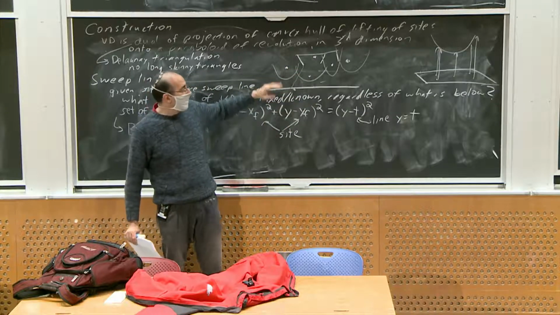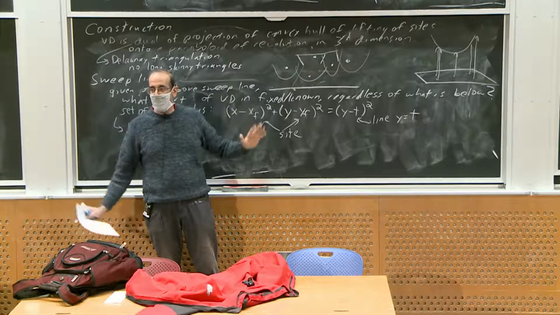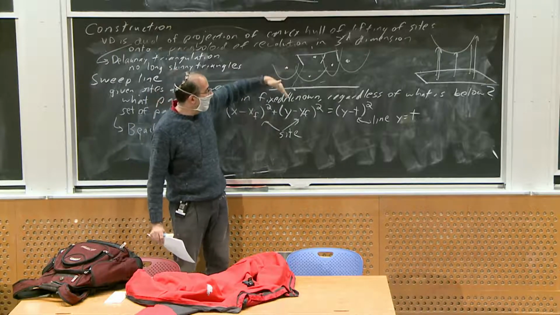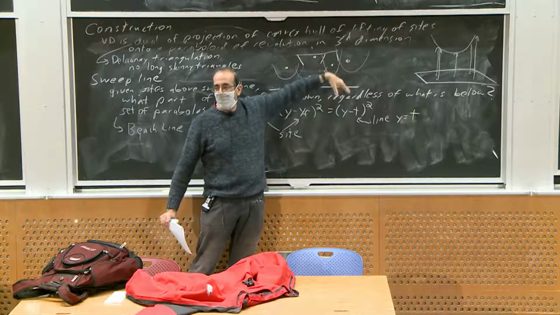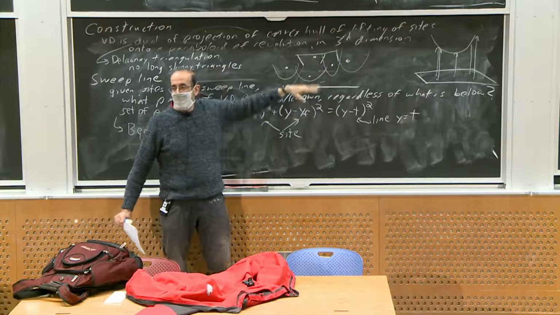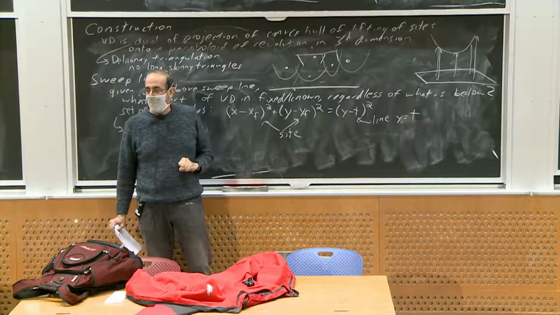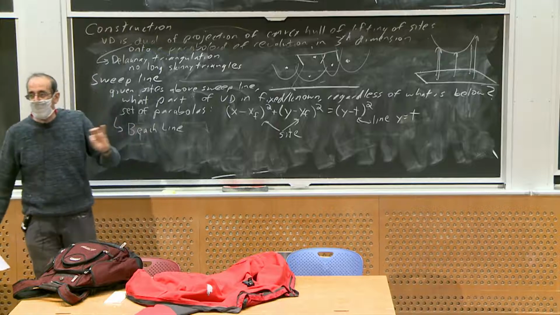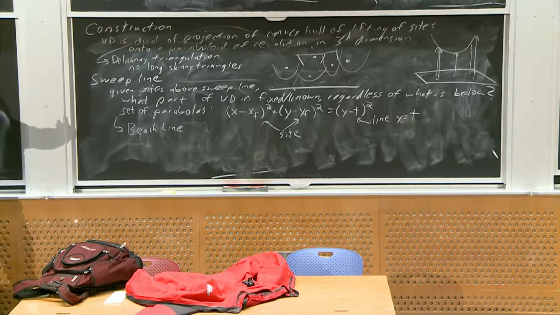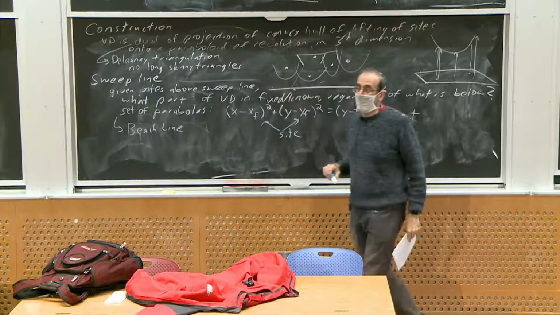The line's getting farther away, so the foci have more control. They control a larger region. So essentially, you've got these ripples of all these parabolas that are just flowing down the screen, trailing behind this sweep line. And so that parabolic boundary is what we're going to call the beach line.